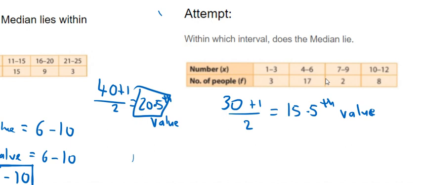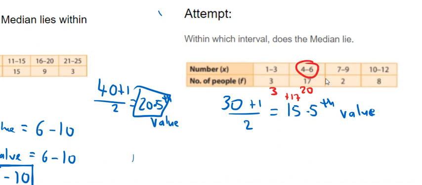If I go back to my table here, the first 3 values would be between 1 and 3. Then if I added on 17, that gets me up to 20 values. So the first 3 values are between 1 and 3, and then the next 17 are all between 4 and 6.